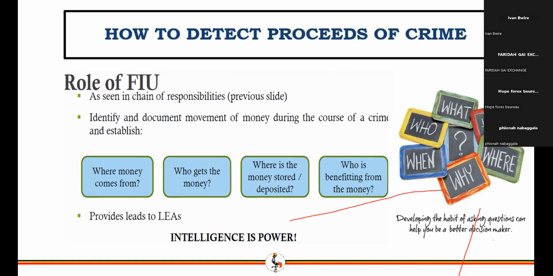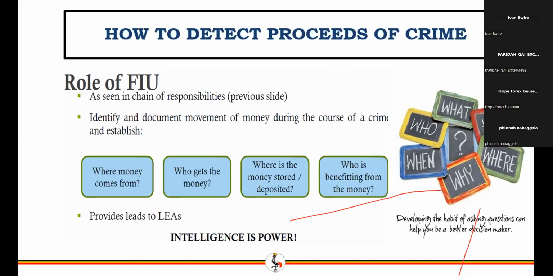For example, there's one in Kenya, there's one in Tanzania, one in Somalia. So how we as FIA do our work, mainly we focus on the where, who, and from whom the money is coming from.